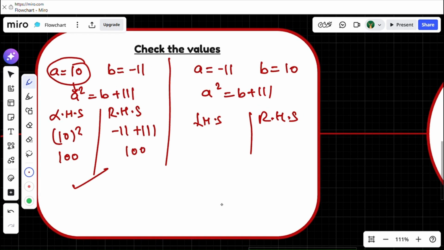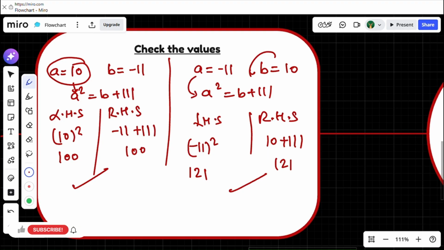And we can put the value here, minus 11 whole square. This is 121, and we can put the value here, RHS side. 10 plus 111 is equal to 121. So we can check the values, both are correct.